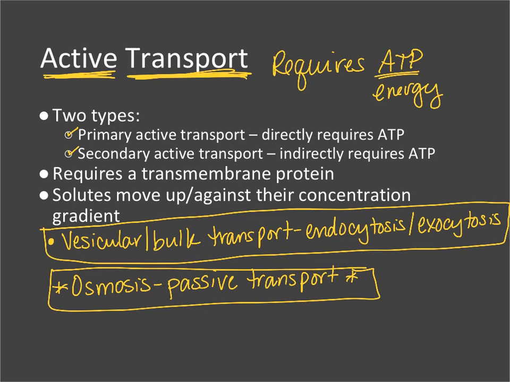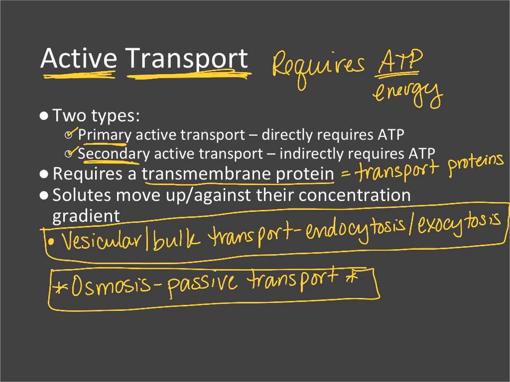So first of all, regardless of whether we're talking about our primary active transport or secondary active transport, one thing to keep in mind is that it's similar to facilitated diffusion in that we need this transmembrane protein. So remember that these are the transport proteins. So just like facilitated diffusion, we need some transport proteins.